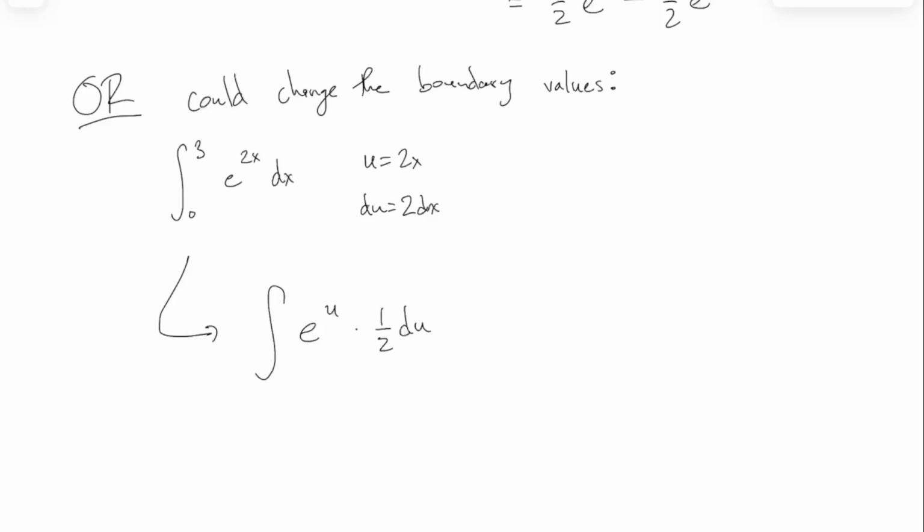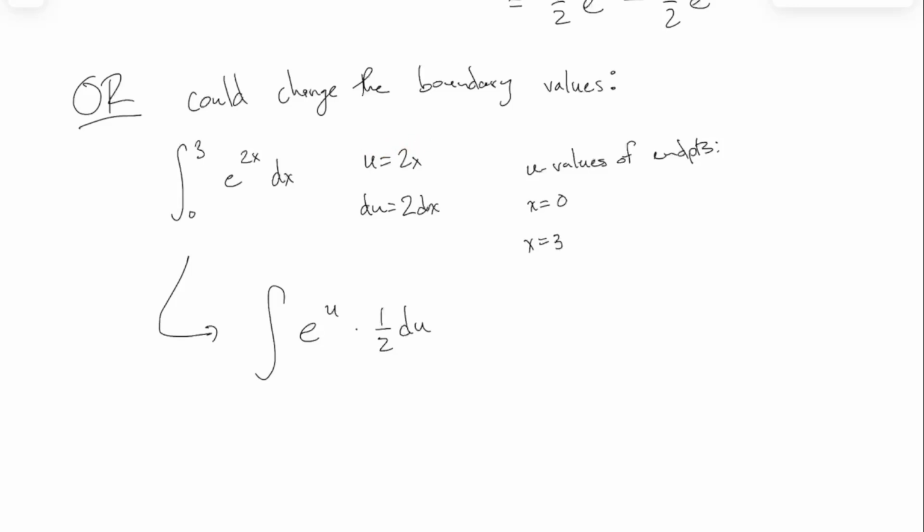The difference is I'm going to actually put numbers here and here, which represent values of u. So the u values of the endpoints. Well, they are 0 and 3, right? x equals 0, x equals 3. How do you find the appropriate u values? I can just plug these numbers into this formula, u equals 2x.